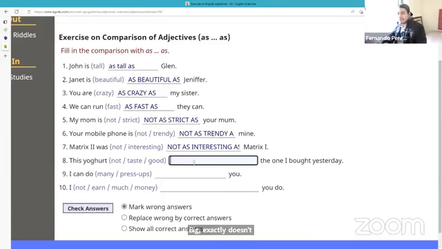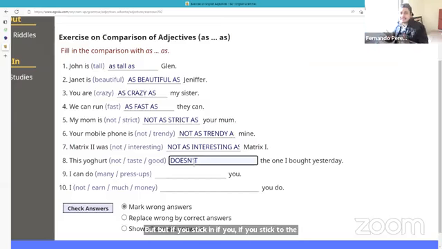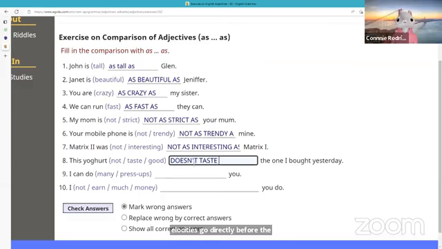That is when we start using auxiliaries. This is when everything becomes tricky. But if you stick to the structure, you will find it super easy. Negative auxiliaries go directly before the verb, and you cannot collocate anything between.